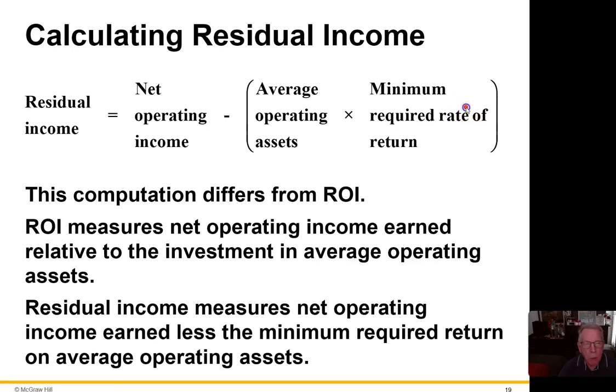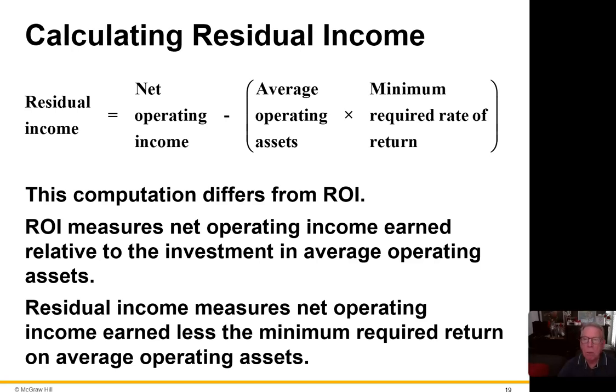Here's the minimum required rate of return. Okay, so this computation differs from ROI. ROI measures net operating income earned relative to the investment in average operating assets. Residual income, on the other hand, measures net operating income earned less the minimum required return on average operating assets.